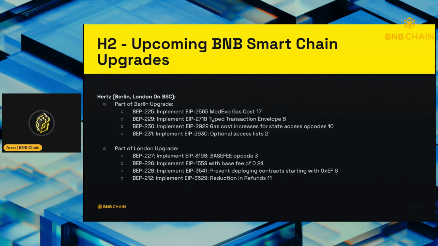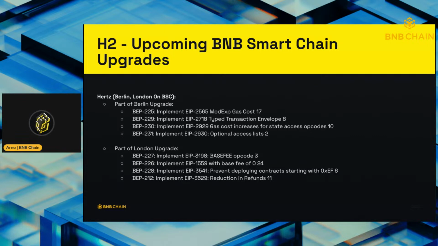And regarding the London upgrade, which, if I'm right, was in August 2021 on ETH, we're going to add 4 EIPs into BNB Smart Chain as well. One of the main ones is EIP 1559, which introduces a new pricing mechanism.